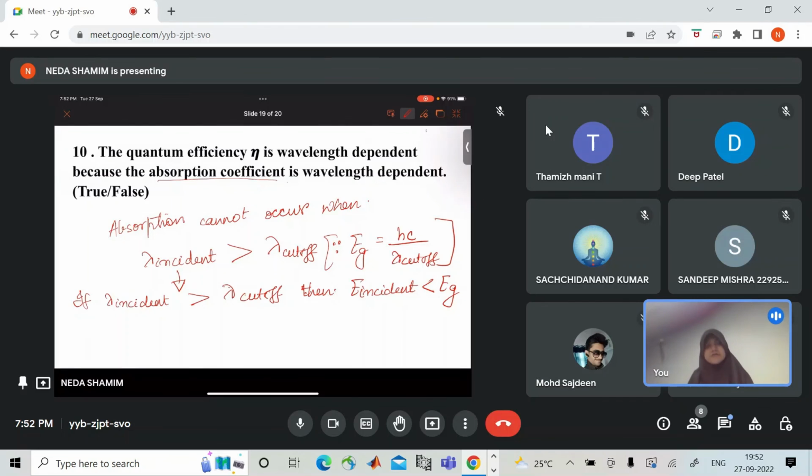This will not be able to generate the carriers. So my quantum efficiency is wavelength dependent because the absorption coefficient is wavelength dependent. So this statement is a true statement. Am I clear, Deep?